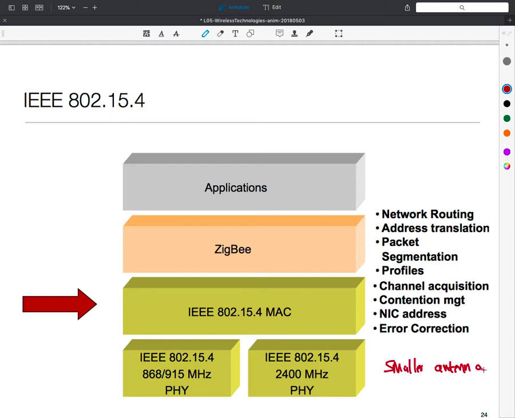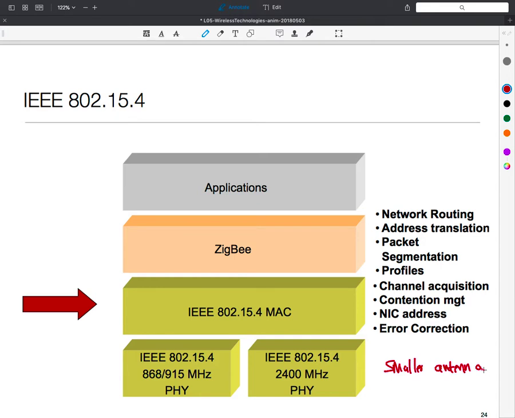What else? Power consumption, which way? As frequency goes up, the ability to penetrate goes down. Or put differently, to reach the same distance, I need to spend more energy, right?